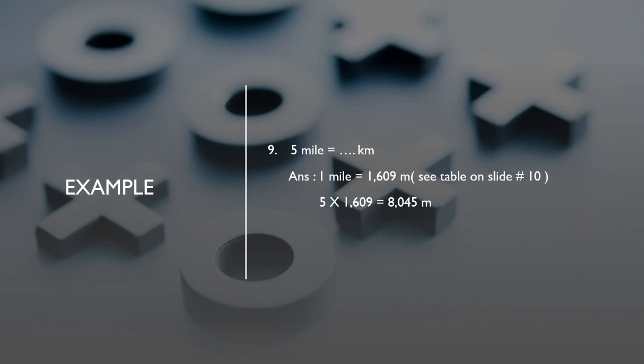So we multiply it by 5 and we get 8045 meters. So to convert it to kilometers, we need to divide it by 1000 or multiply it by 0.001 and we get 8.045 kilometers.